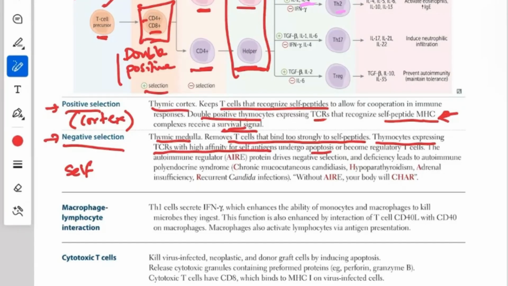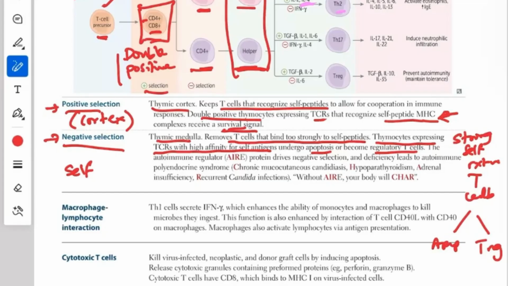That's one outcome, or they become regulatory T cells. So if we say strong self-reactive T cells, two things will happen to them. Either they undergo apoptosis or they become regulatory T cells.